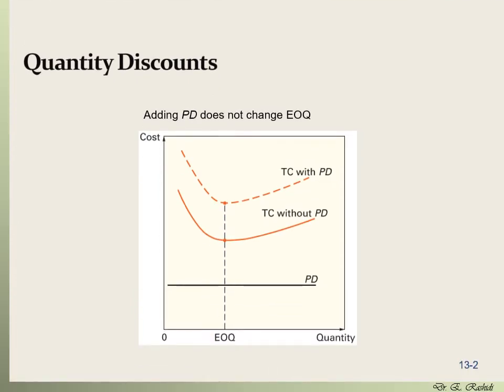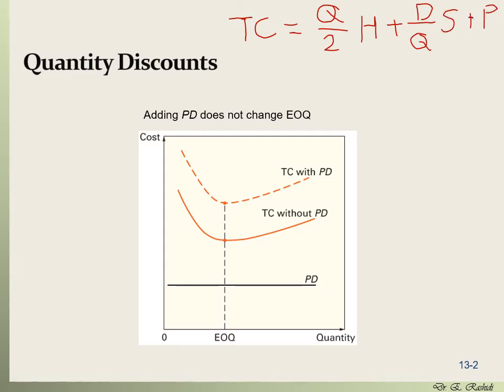So let's take a look back at the model. The total cost for the quantity discount model has three components. The first two components are exactly the same as the components of the first model. That's the carrying cost, which is half of Q multiplied by H, plus the ordering cost, which is how many times we order, D divided by Q multiplied by S, plus the last component.